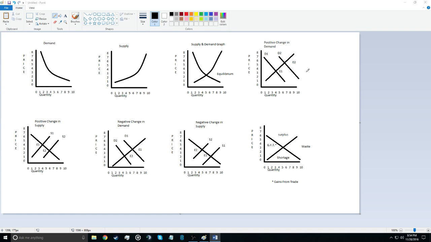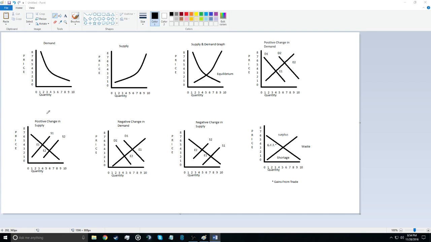As we all know, moving to the right in the graph represents a positive motion. So now as you move your equilibrium price up, your price changes as well. So now you can charge $5.50 or $6 or whatever for your sticks of gum, and more people are going to be willing to buy that.